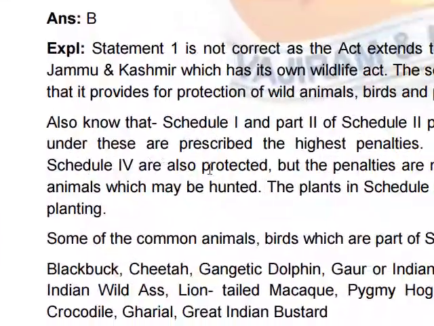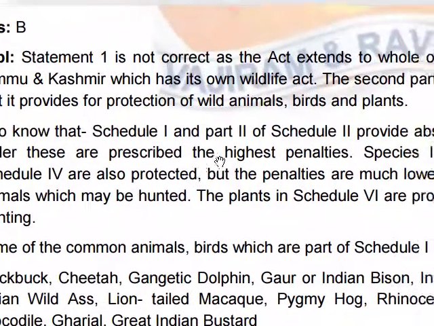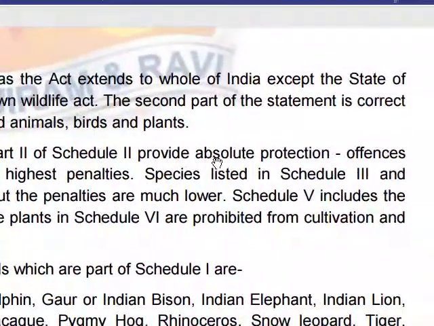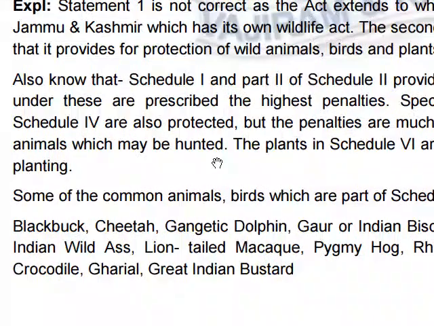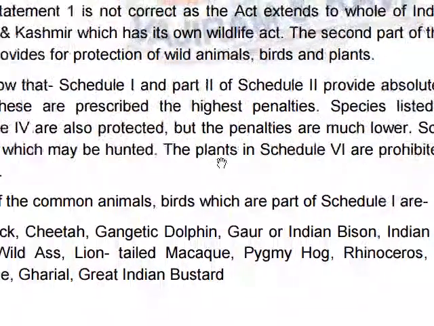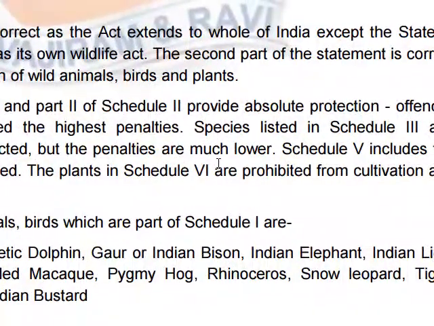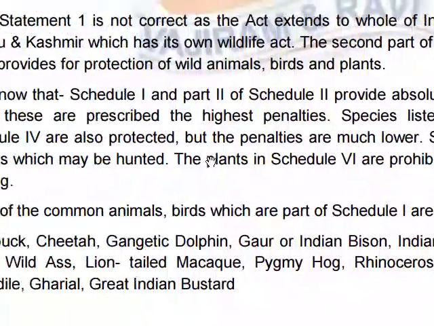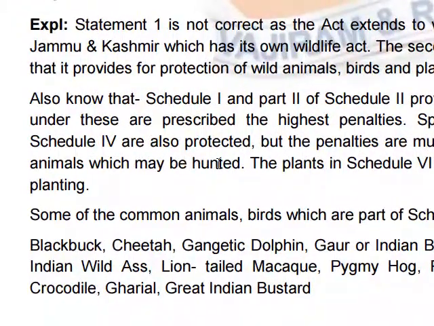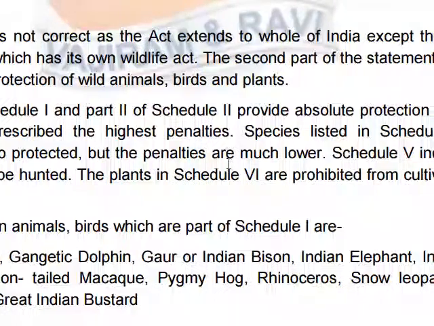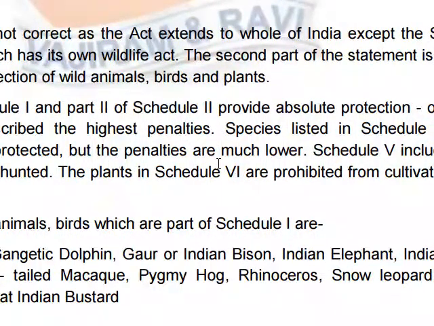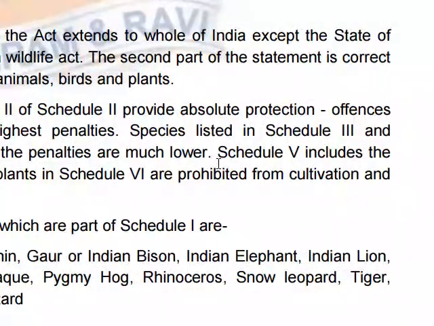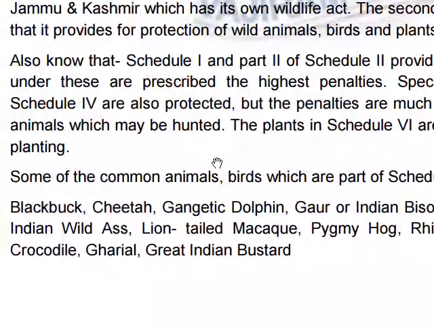Offences under these prescribe the highest penalties. Schedule 3 and Schedule 4 animals are also protected, but the penalties are much lower. Schedule 5 includes the animals which may be hunted. The plants in Schedule 6 are prohibited from cultivation and planting.